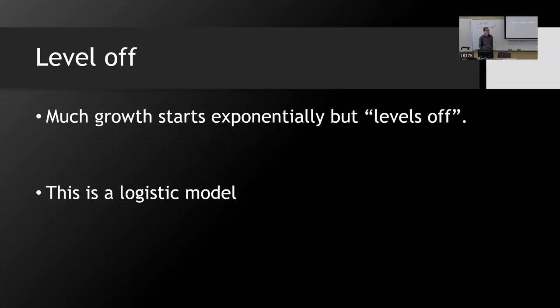Well, initially, the population of those bison is just going to take off and grow like crazy, up until they hit the point where they've essentially used up all the resources. And then their population would level off. Again, Iowa doesn't have any real big natural predators for bison, so that's why I chose Iowa instead of some other state. That type of leveling off, where we grow exponentially and then level off, is a logistic model.